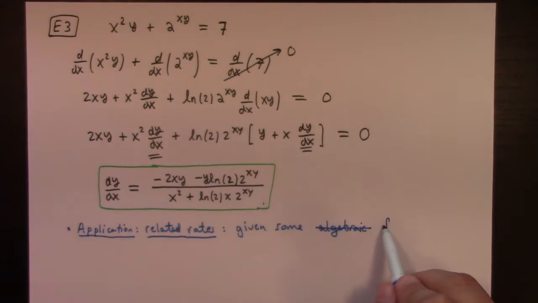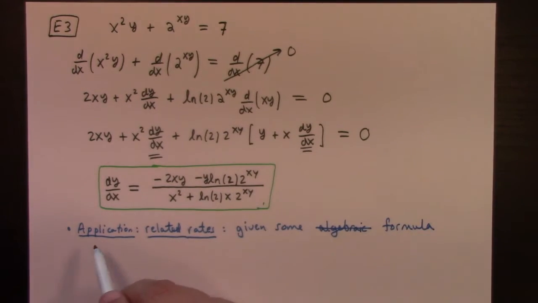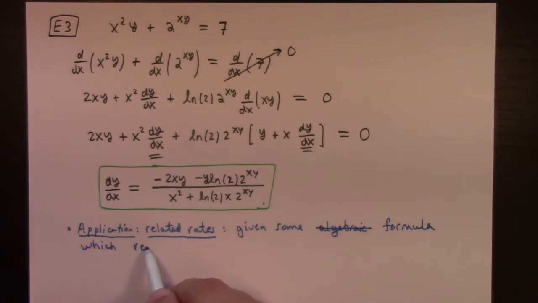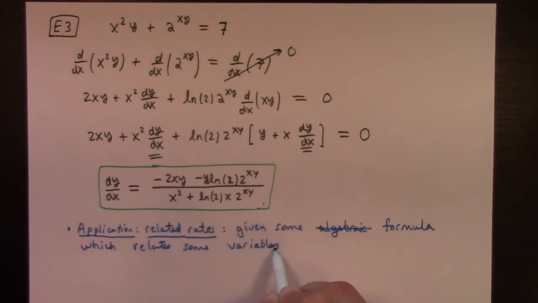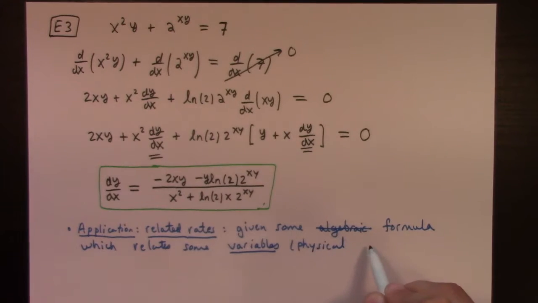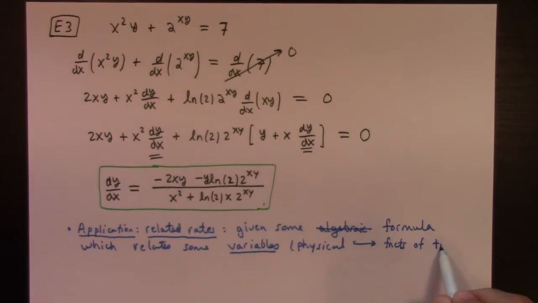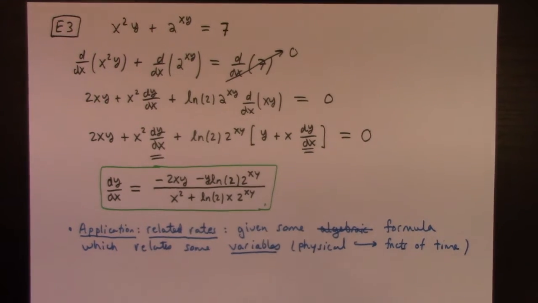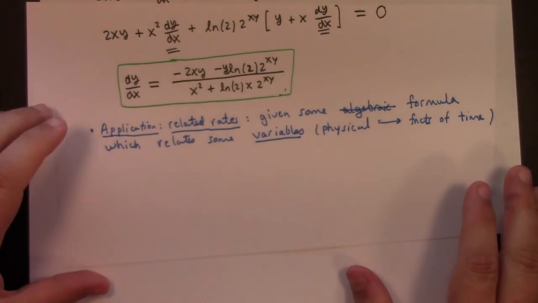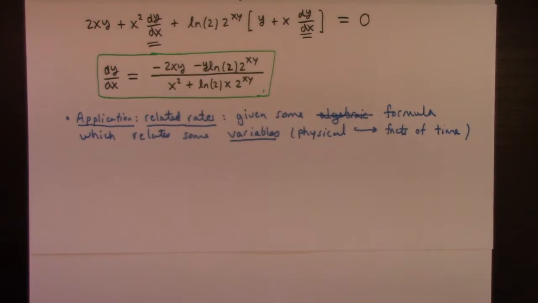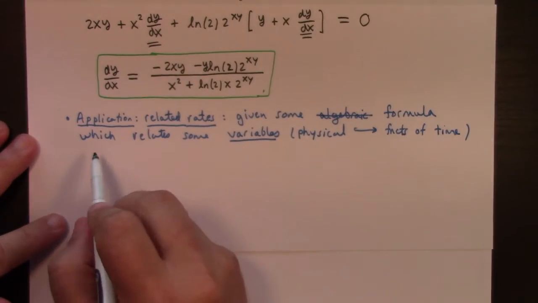These variables are typically physical in nature, and so that means that you can view them as functions of time, right? So, for example, this is a very popular thing to do a few lectures on.